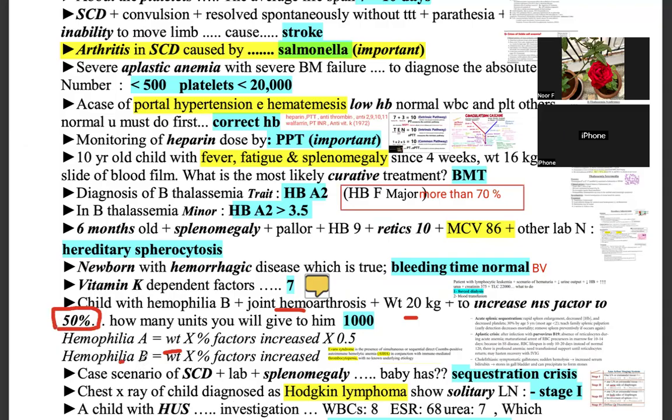So 20 into 50: 2 fives are 10, then 2 zeros, so 1000. 1000 is the answer.